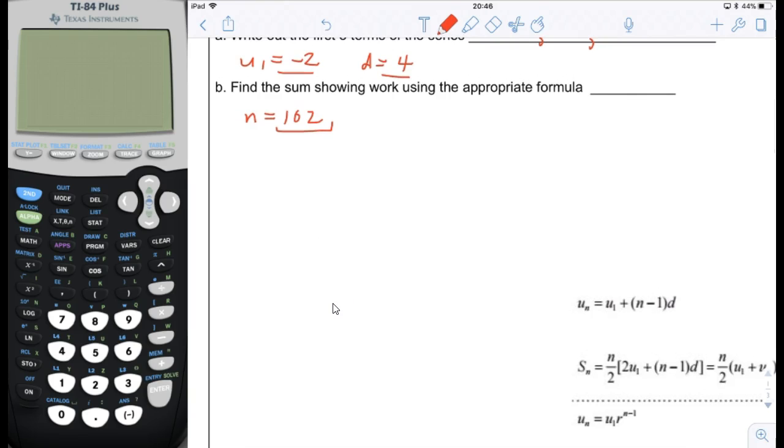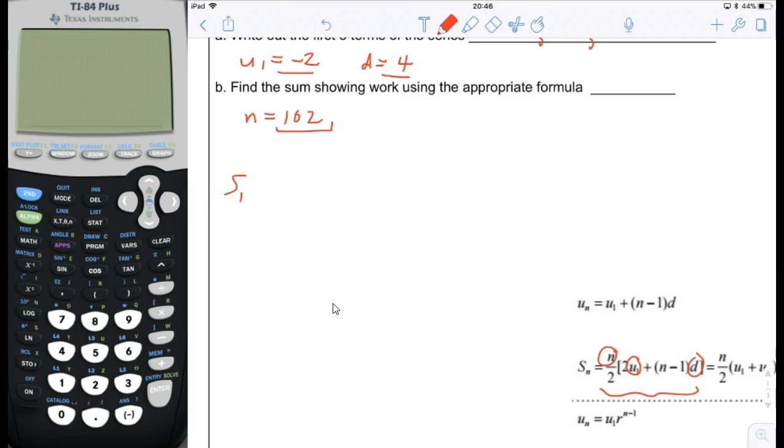So we're going to use the arithmetic series sum here. And we know n, it's 102. We know u1, it's negative 2, and we know d, it's 4. And so we can just substitute in n, u1, and d, and that will give us the sum of the first 102 terms.